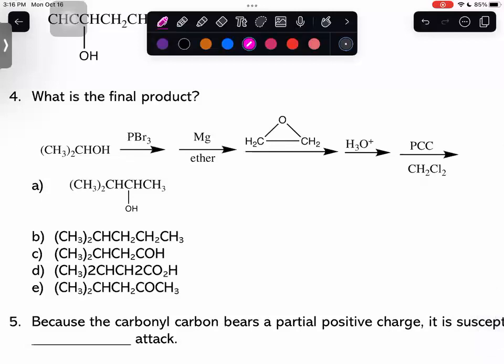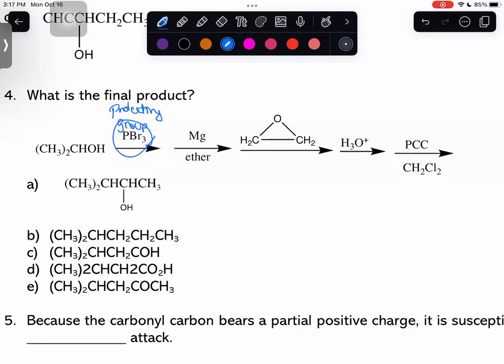Like that reagent over there, PBr3. What was PBr3? It was a protecting group. So what's going to happen to my molecule? Okay, so protecting groups, remember, we're just going to be swapping our alcohol group for whatever halogen we have.